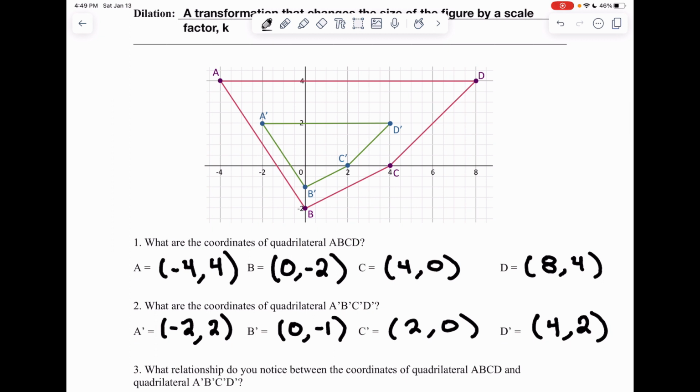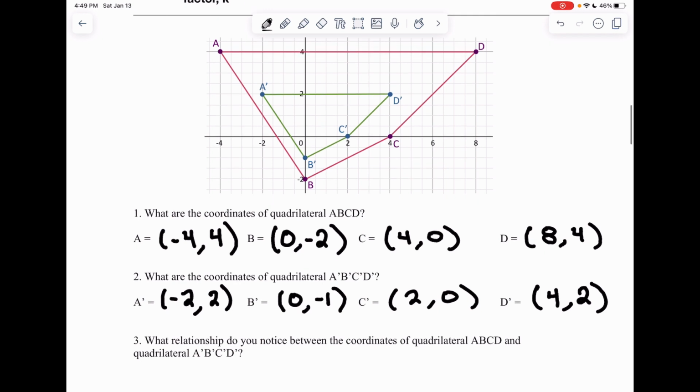And if you notice, the coordinates of ABCD were all divided by 2 in order to get the coordinates of A'B'C'D'. So (-4, 4) became (-2, 2), (0, -2) became (0, -1), and so on. The new coordinates are half the coordinates of the original quadrilateral.